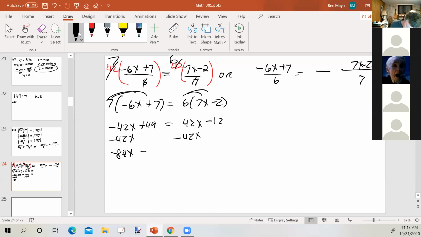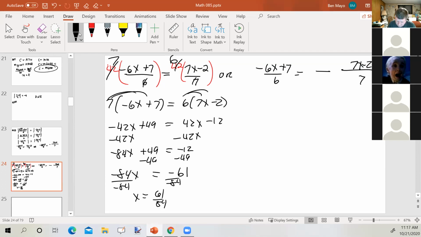Negative 84x plus 49 equals negative 12. I'm going to subtract 49. Negative 84x equals negative, what is that, 61? Divide both sides by negative 84, and we get x equals 61 over 84. That's supposed to be an 84.